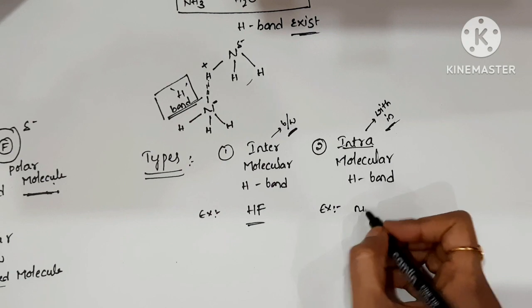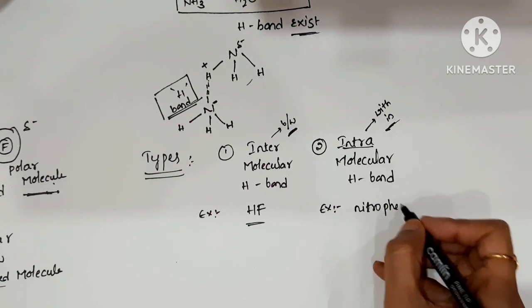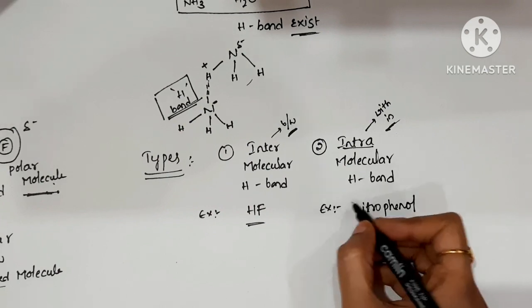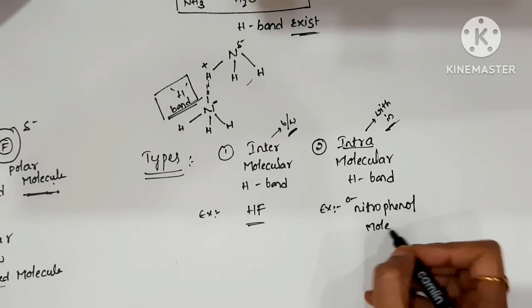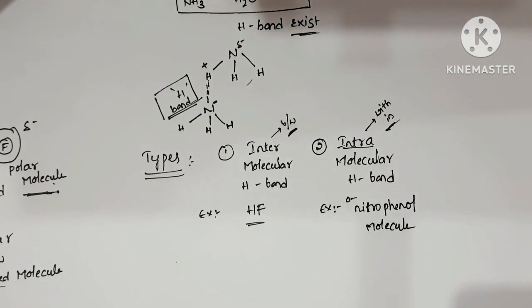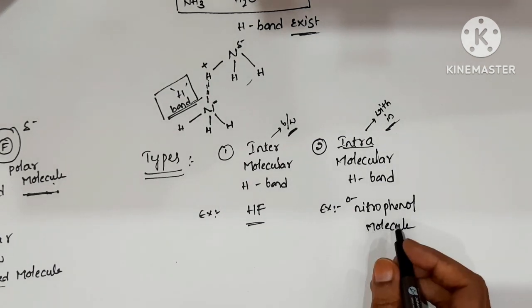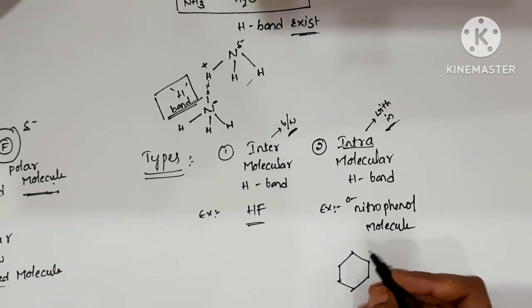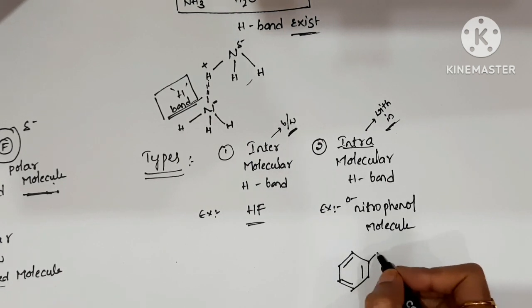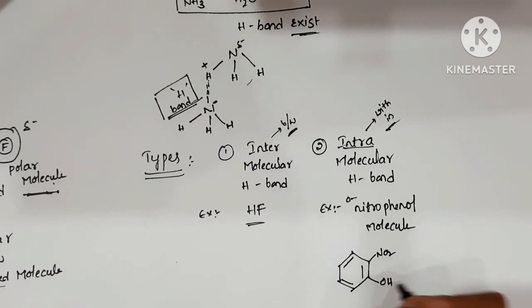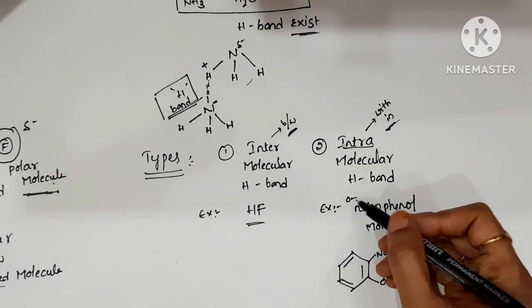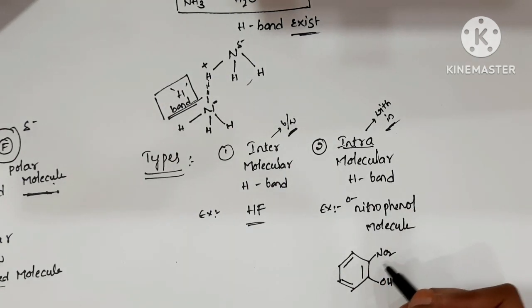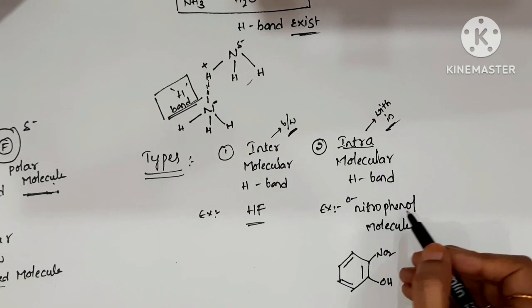An example of intramolecular hydrogen bond is the nitrophenol molecule. Here is the structure of the nitrophenol molecule. The nitro group is at the ortho position, so I have represented it here at the ortho position. The OH group is the alcohol group, that is phenol.